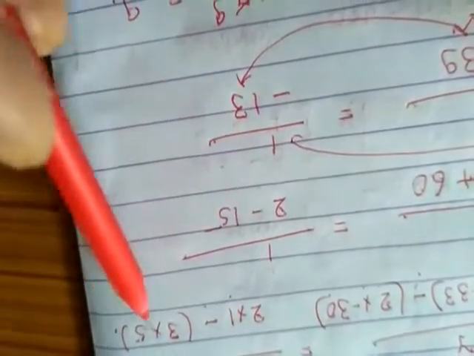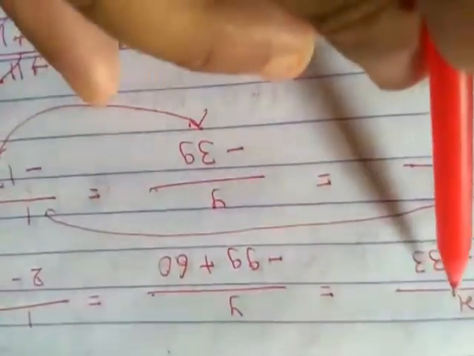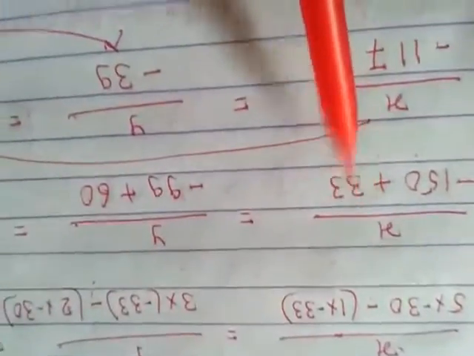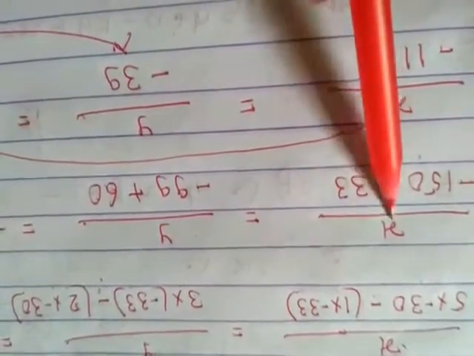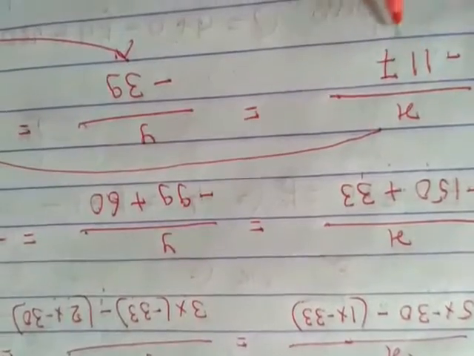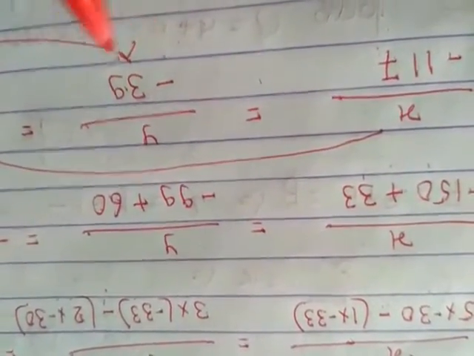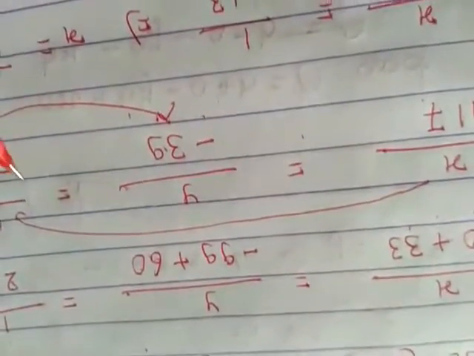So now after subtracting, x by minus 117 equals y by minus 39 equals 1 by minus 13.